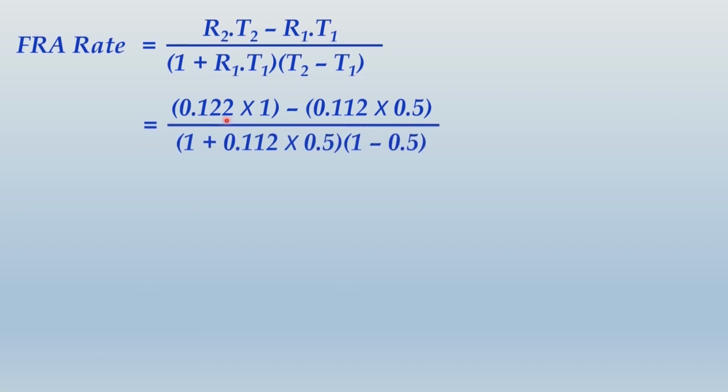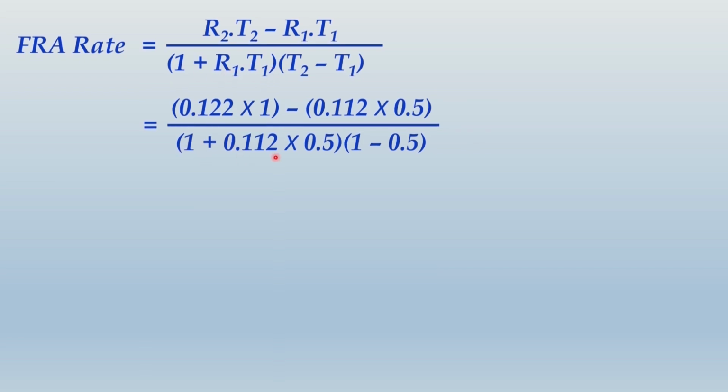R2 12.2% written as 0.122, T2 1 year written simply as 1, minus sign, and then within brackets R1 into T1. R1 was 11.2% expressed as 0.112, T1 is half year, that is 0.5. Thereafter whole upon 1 plus R1 into T1.